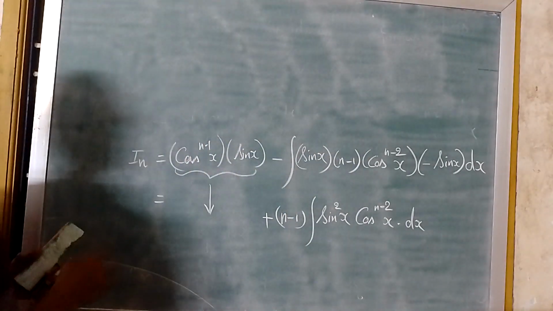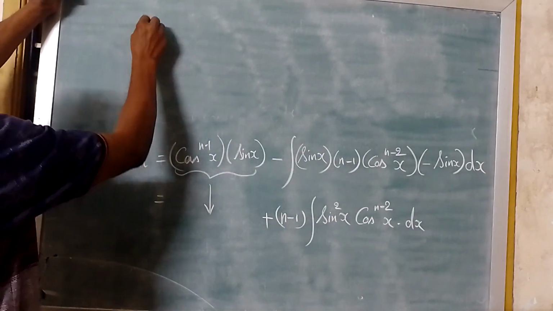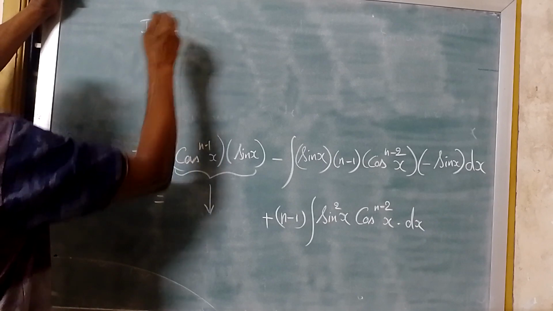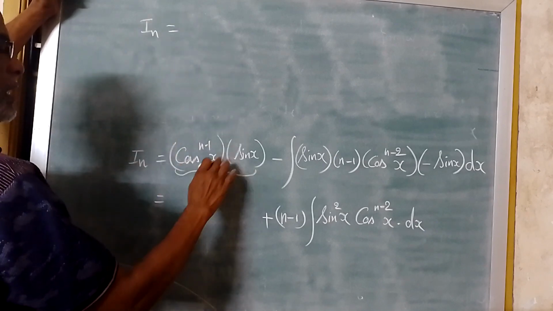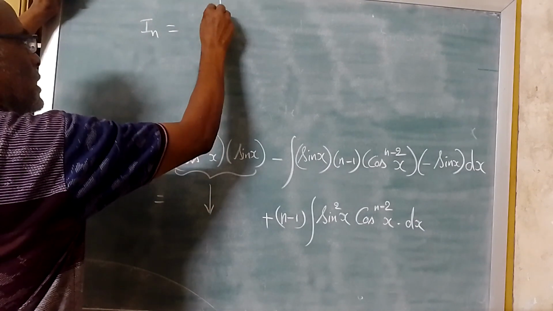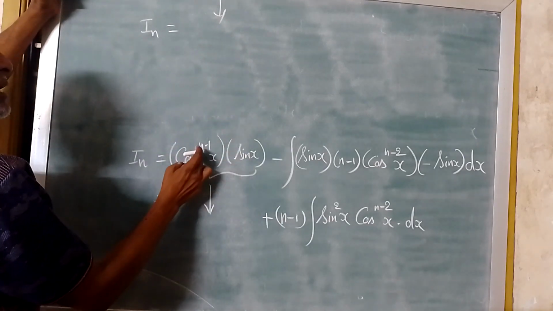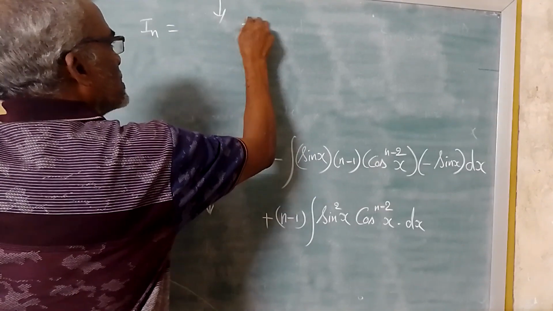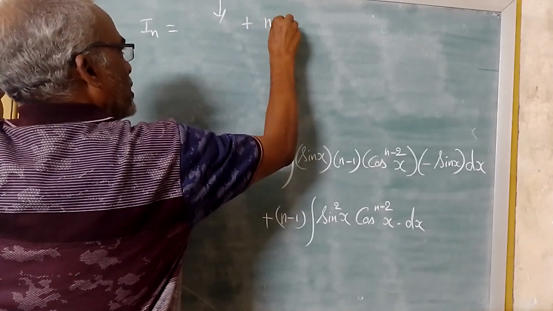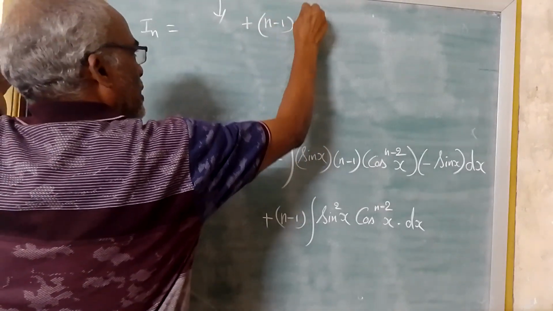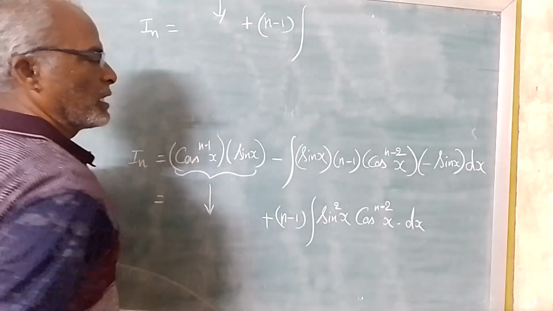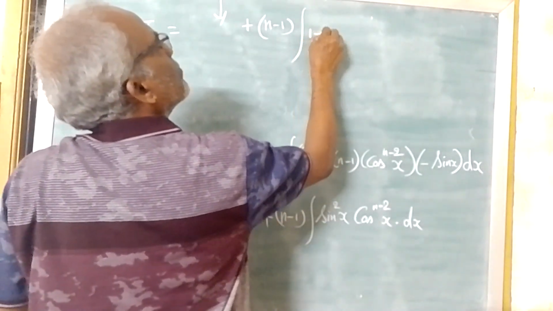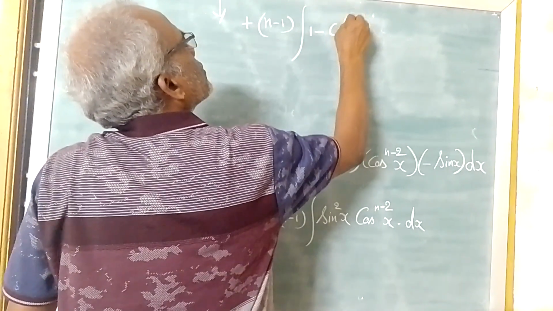The next step will be I_n is equal to, this step will come as it is. Okay, this term cos^(n-1)x into sin x will come as it is, plus (n-1) integral sin²x. Sin²x is nothing but 1 minus cos²x.